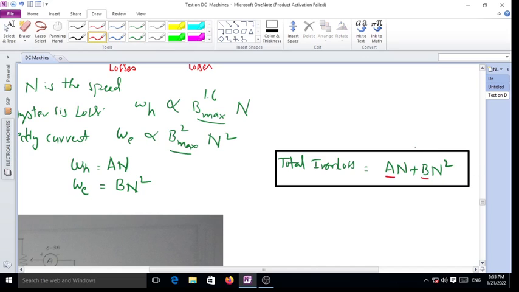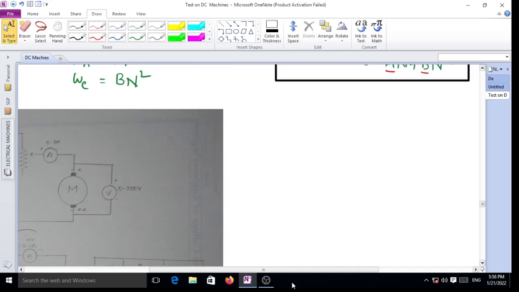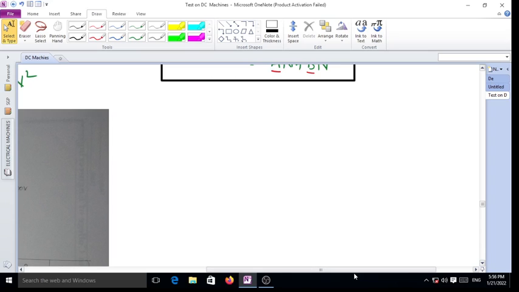Now we'll talk about the mechanical losses, starting with the brush friction losses. The friction loss depends upon speed.